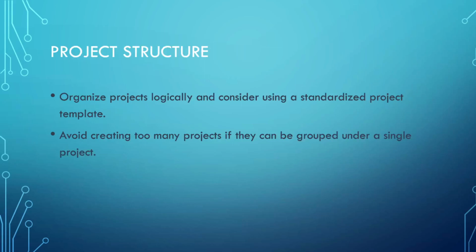Project structure. Organize projects logically and consider using a standardized project template. Now, what does a standardized project template actually mean? You have project templates for software development, for service management, and for work management, but mostly the ones that are actually used are the software development ones.